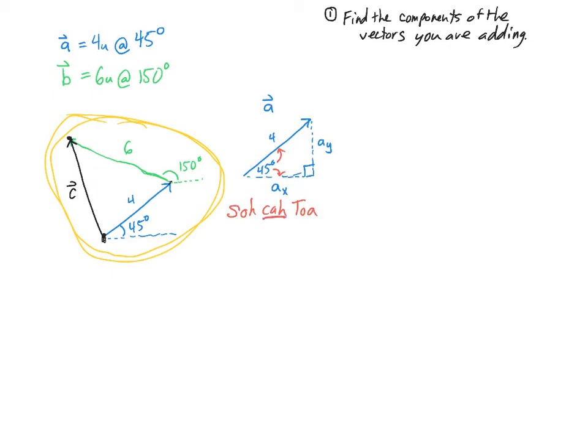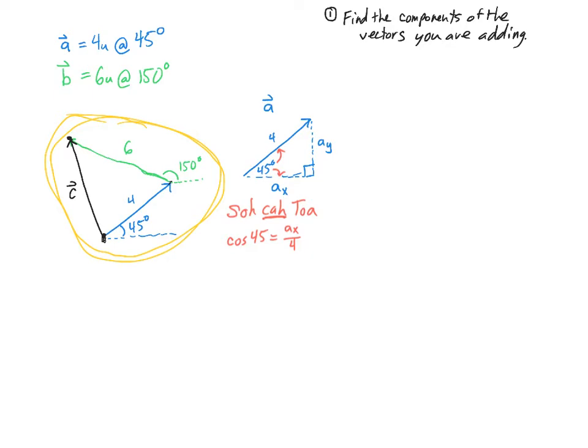There we go, that's cosine. So I'm going to go cosine of 45 equals the adjacent, which is AX, over 4. Now the nice thing is that means that I can just multiply both sides by 4 to get the answer. So I'm going to do the cosine of 45, and then I'm going to multiply that number by 4.